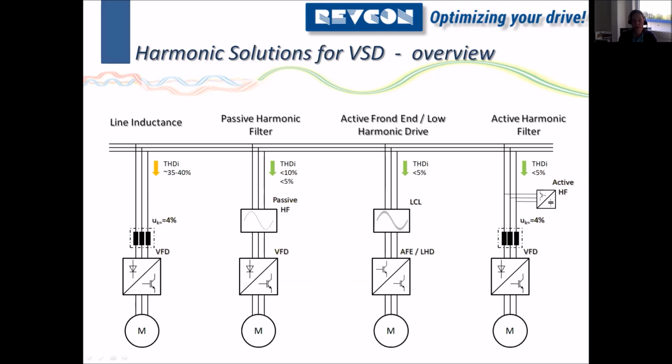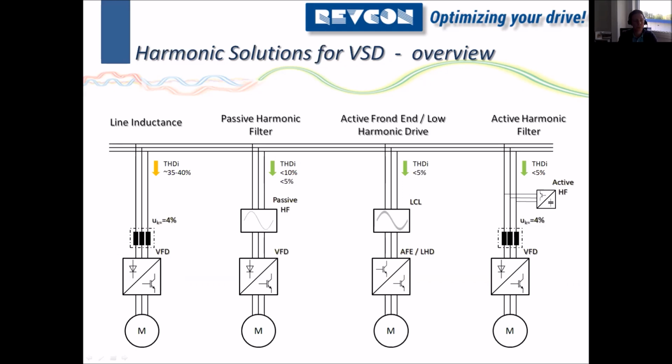Next step would be to add a passive harmonic filter. We can get down to 3 to 5 to 8 to 10%, somewhere in this area. Then we have active front end and low harmonic drive, which are typically all designed for below 5%. Quite common is 3%, 3 to 5%.